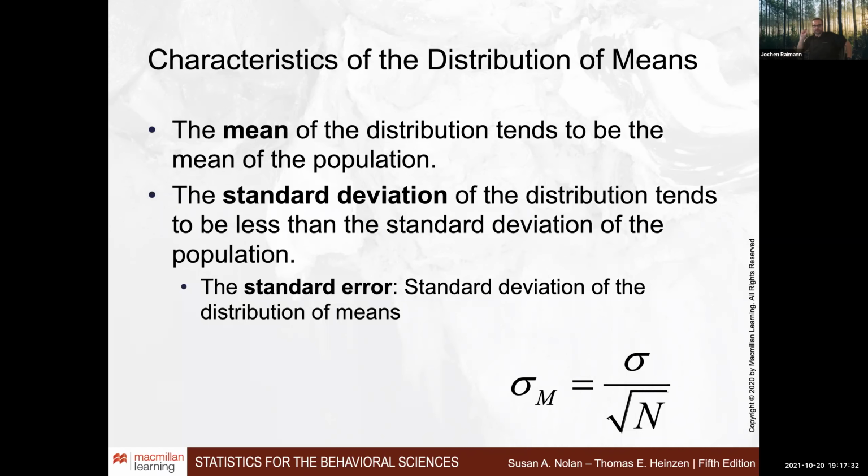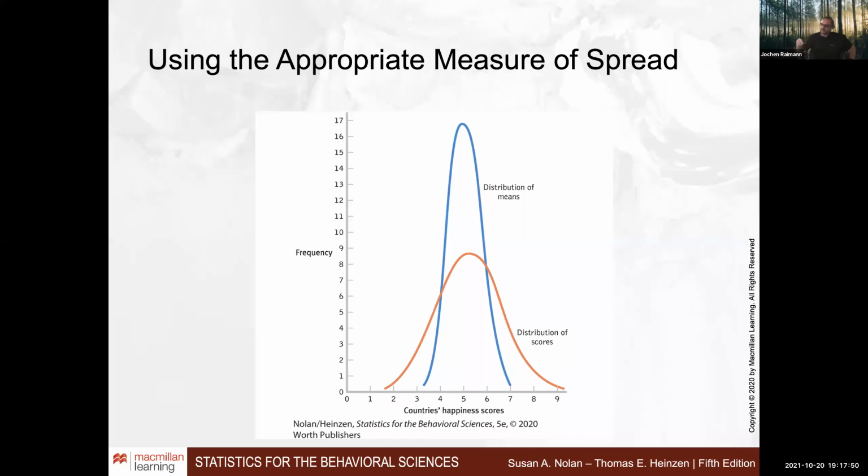Sample, not population, sample. So this essentially equates, conceptually, the relationship between the standard deviation and the standard error of the mean. And this will be very, very important down the road. So essentially, this is what we're looking at.